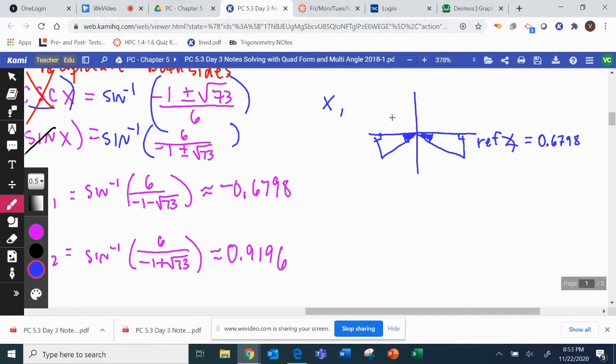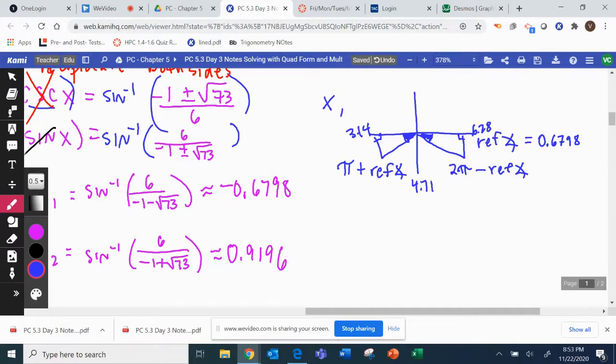To get the one in the fourth quadrant, I will take 2 pi minus the reference angle. To get the one in the third quadrant, I will do pi plus the reference angle. And remember, it has to be bigger than 3.14. This one's going to be between 4.71 and 6.28. So you can kind of double check that you're typing it in correctly in your calculator.